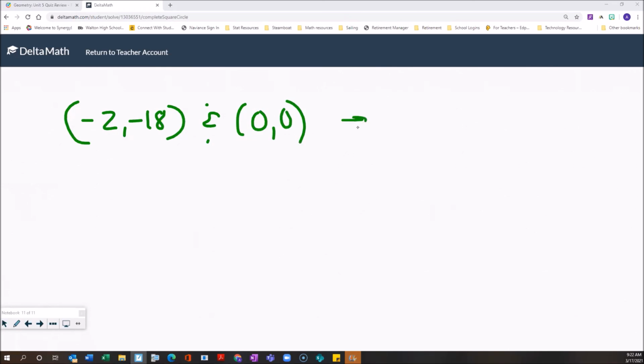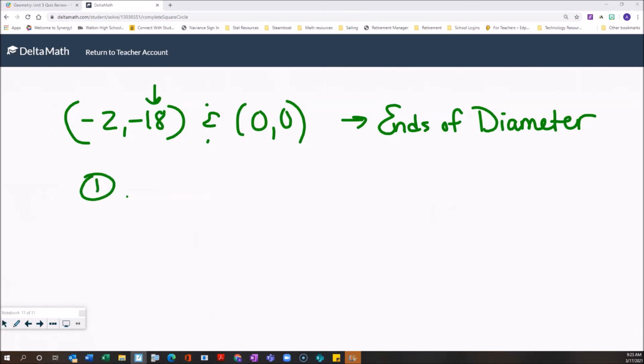Those are the ends of the diameter. Okay, so when I'm writing the equation from this, remember the steps I need to do. I need to first use the midpoint formula because this doesn't fit on the graph. Otherwise, if it were small, I would say graph it and count. That's the easiest way.